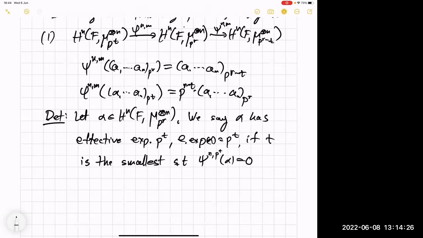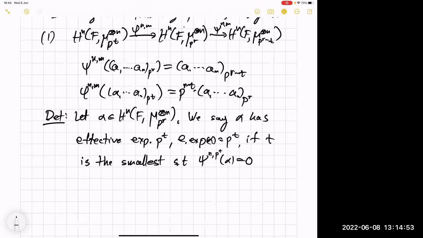The reason I'm using the notion of effective exponent instead of just saying exponent is because they're not the same. Actually, exponent p^t is weaker than effective exponent p^t. I actually have a proof for this weird notion, but it's not my proof.